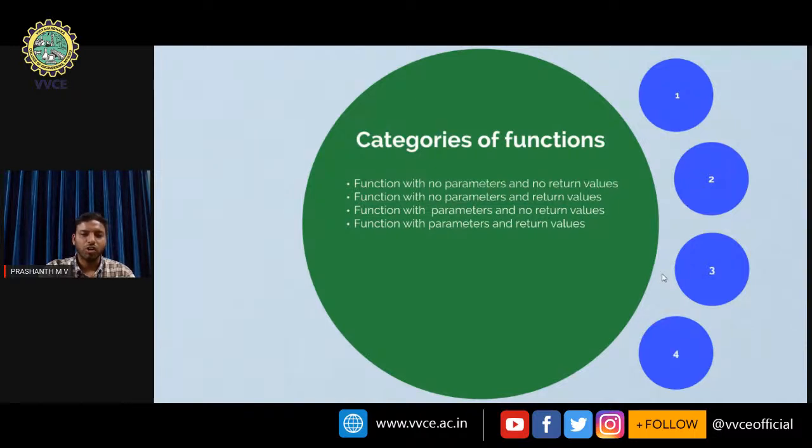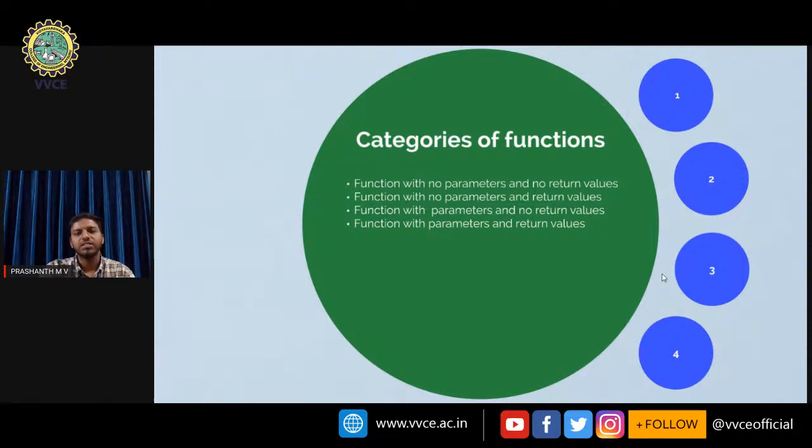That kind of function we can also write. The next is the function with no parameters and a return value. There are no parameters passed, but the function returns some value. Next, function with parameters and no return values.